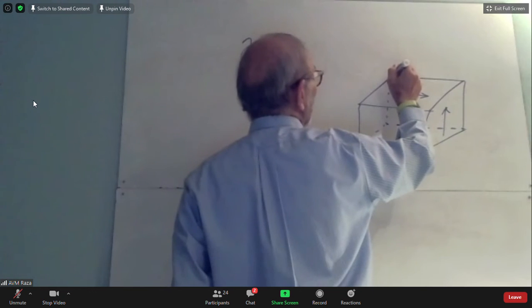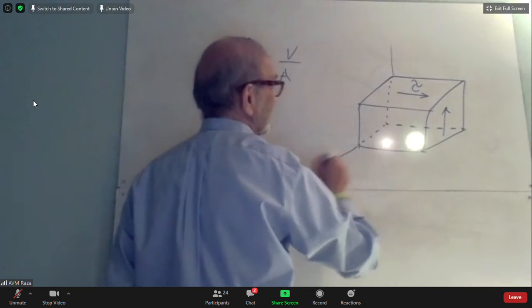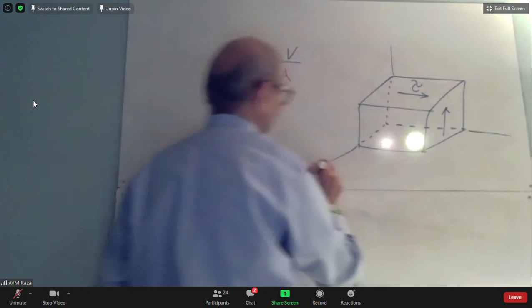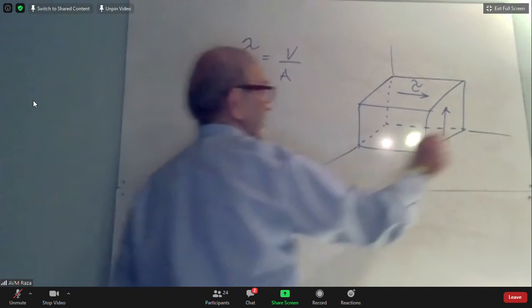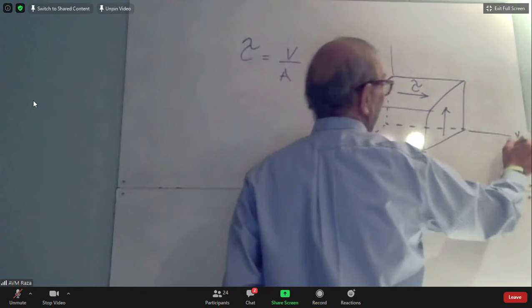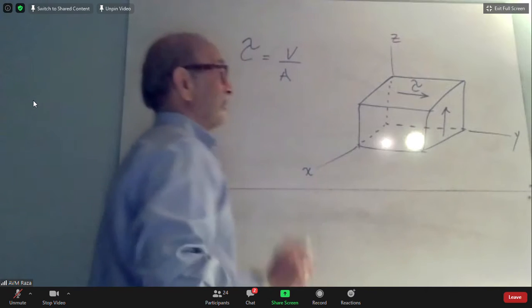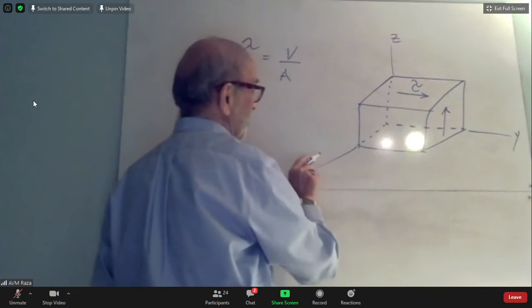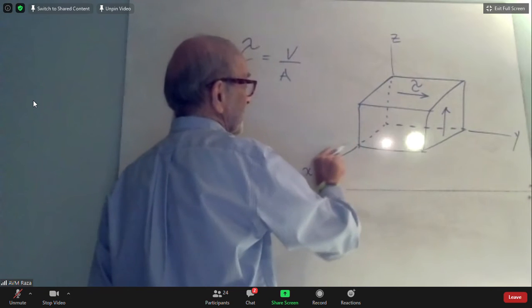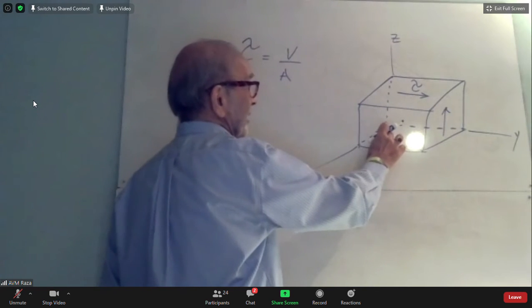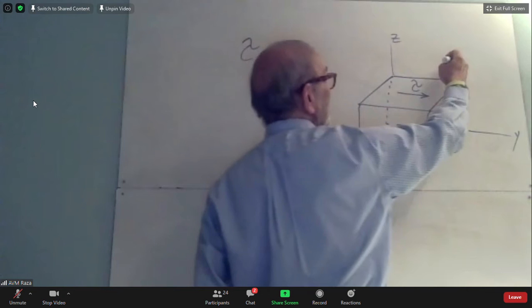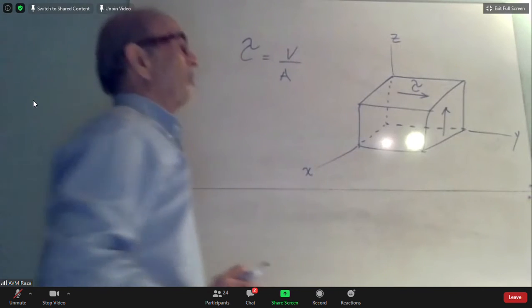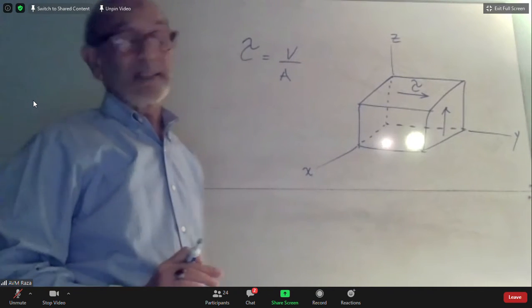If this is your XYZ axis, let's say, if this is the x-axis, this is the y-axis, and this is the z-axis, then this face, which is perpendicular to the x-axis, is called the x face. And the face opposite to this on the other side of the cube is called the minus x face.